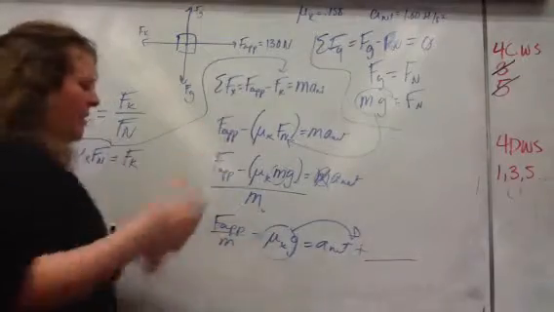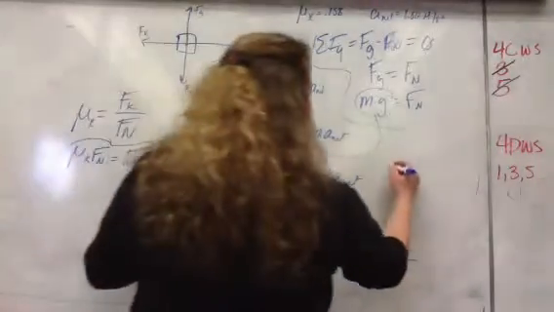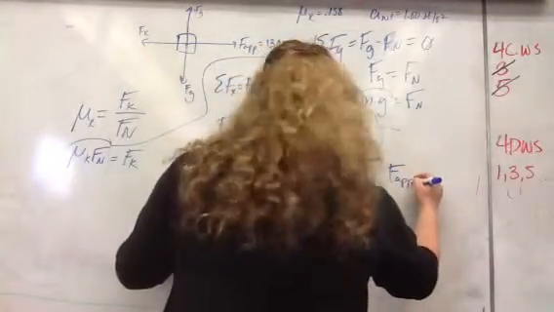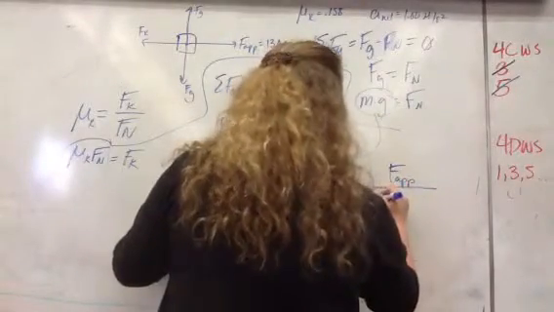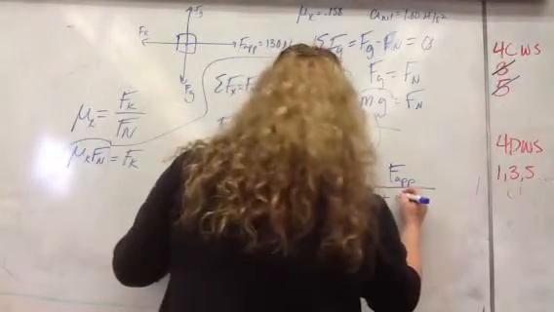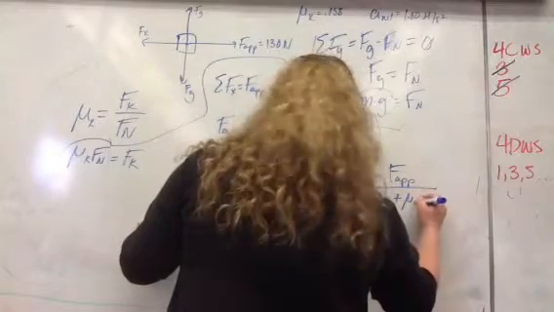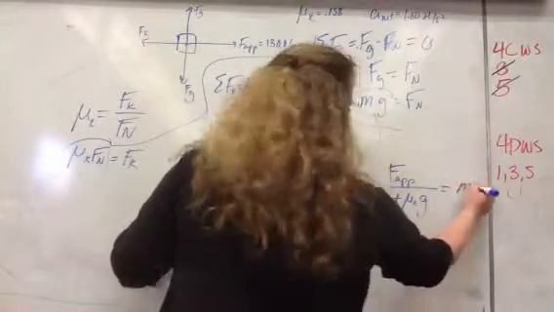So then I can just flip it, and what we end up with is F applied divided by a net plus mu k g equals m.